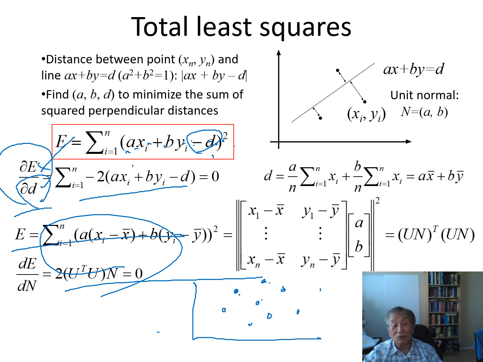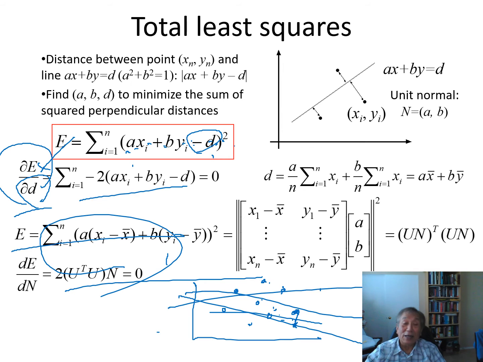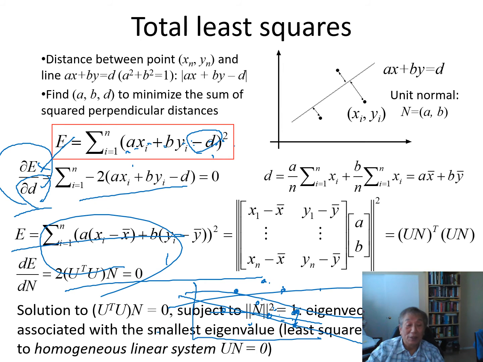So what would the bus line be? If the bus line goes in a straight line, this way or that way or that way, then the best way is to let the distance from their houses to this bus line be a minimum. Then people will be happier in a sense. So that's the same idea as the least square.